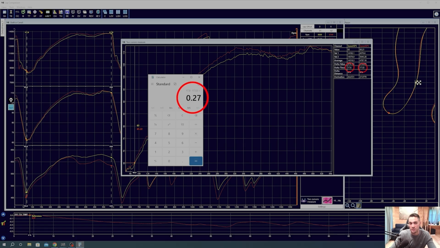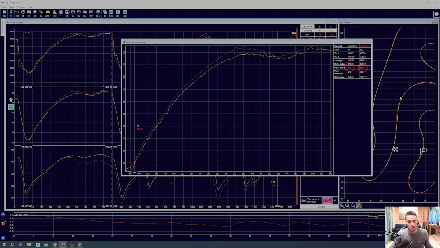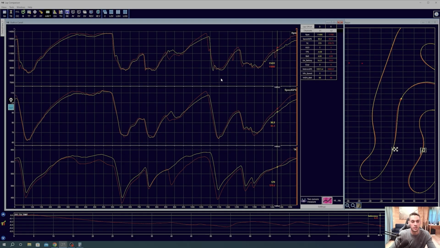It's 2.7 tenths only. Let me write it down so that later we will remember it. We'll add them all up together so we can see.